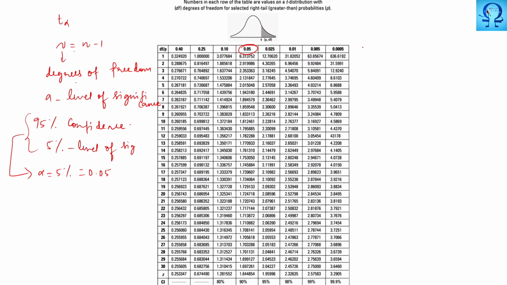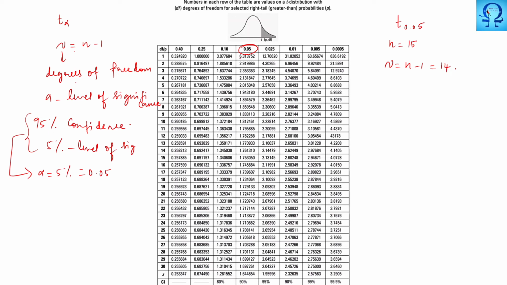Suppose you are going to find out t of 0.05 when your n is 15. What is your degrees of freedom? That is n minus 1, 14, isn't it?